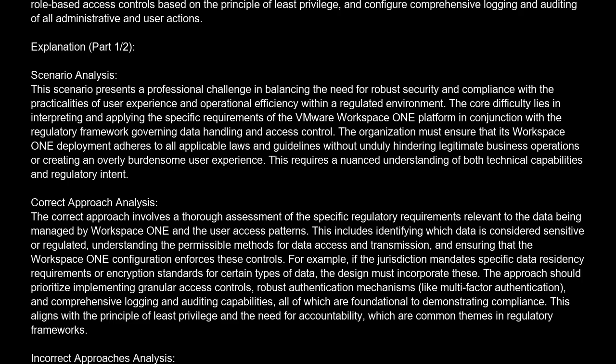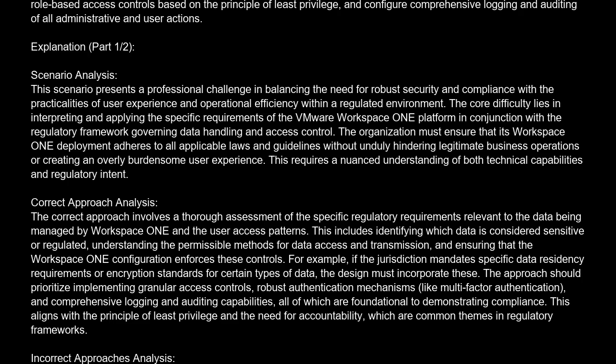For example, if the jurisdiction mandates specific data residency requirements or encryption standards for certain types of data, the design must incorporate these. The approach should prioritize implementing granular access controls, robust authentication mechanisms, like multi-factor authentication, and comprehensive logging and auditing capabilities, all of which are foundational to demonstrating compliance. This aligns with the principle of least privilege and the need for accountability, which are common themes in regulatory frameworks.